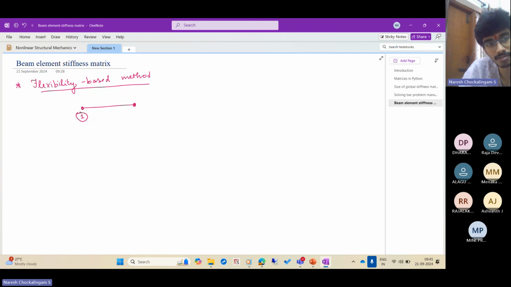This is node 1 and this is node 2. And correspondingly, you have displacements V1, theta 1, V2, and theta 2. So V1 and V2 are displacement components, and theta 1 and theta 2 are rotations, and you can call them all together as generalized displacements or generalized coordinates.